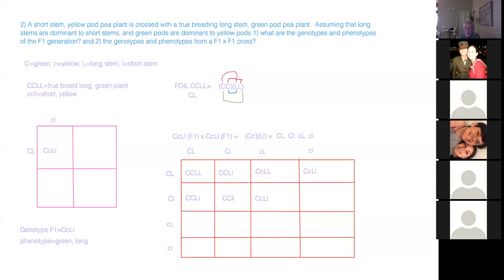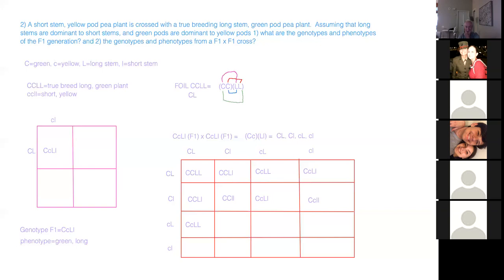That's supposed to be a lowercase l. I'll fix that in just a second. Thank you. Better? Yes. All right, thank you. And this is not uncommon. You can easily make mistakes when you're doing these things out.